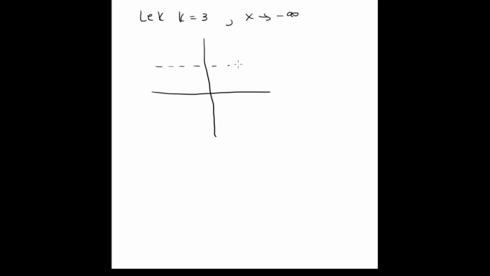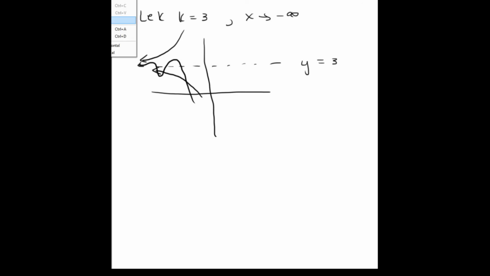If we draw our dotted line to represent our horizontal asymptote, y equals 3, then as we approach it to the left, just like as x approached infinity to the right, our function can come up towards that line, y equals 3. It could come down towards that line, or it could cross that line and then come down onto the line. Okay, so these are some visual representations of what a function might look like as it approaches its horizontal asymptote.